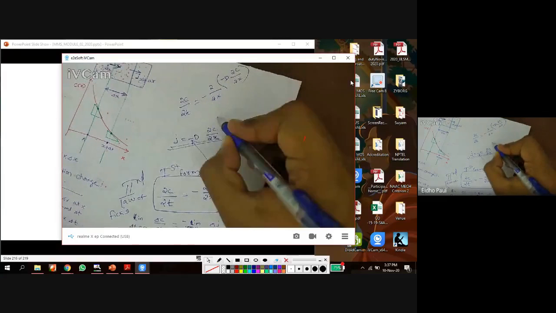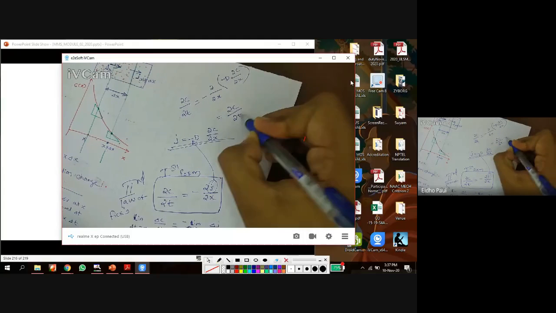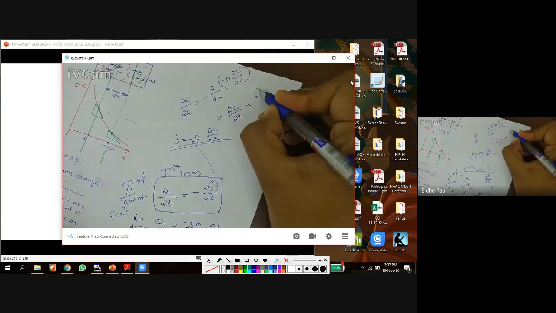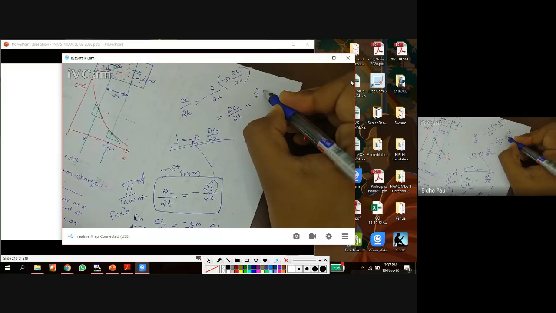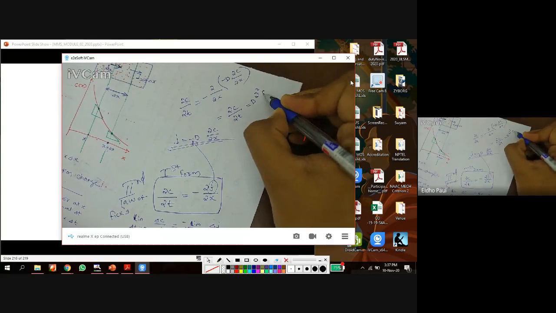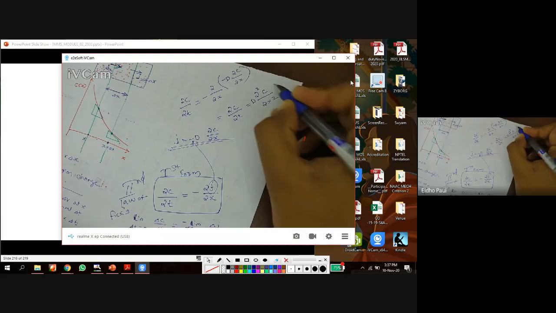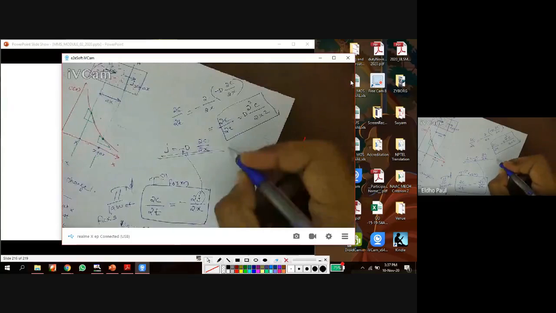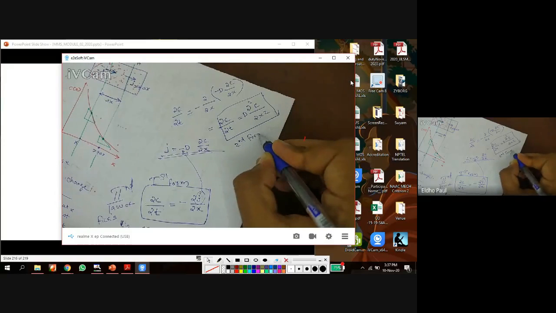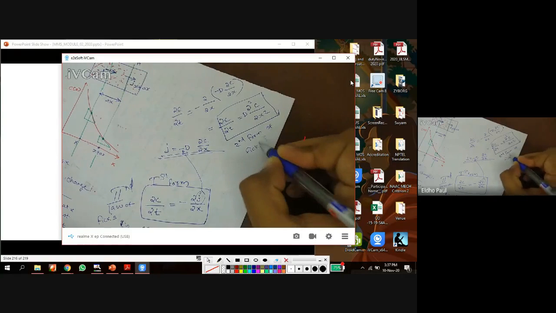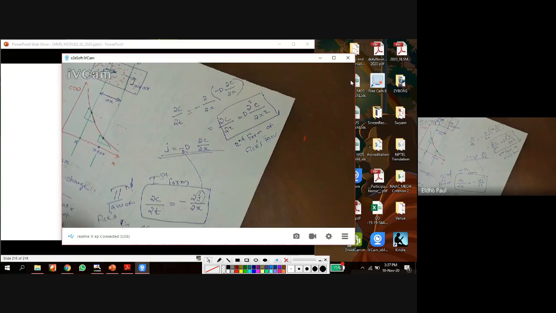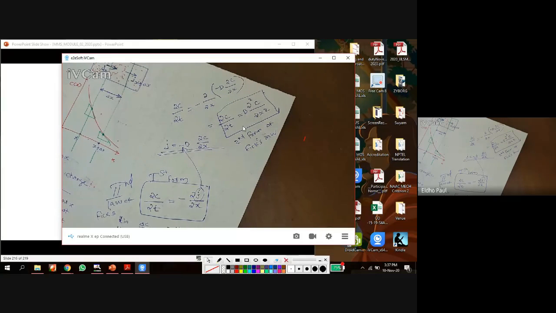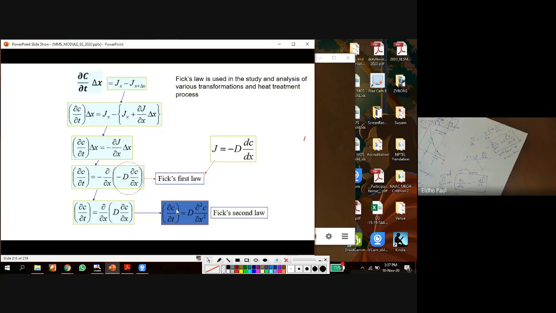From this we got dou c by dou t equal to D into dou square c by dou x square. So this is the second form of Fick's law. Dou c by dou t is equal to D into dou square c by dou x square. This is the second law of Fick.